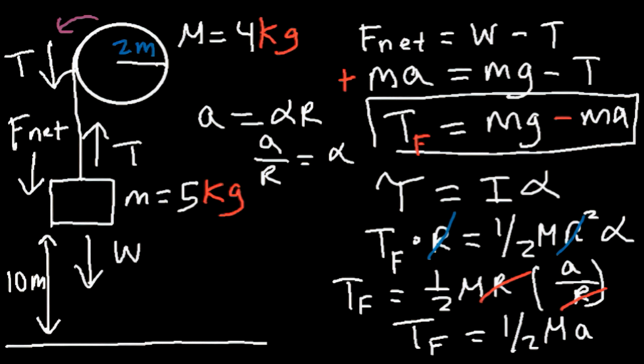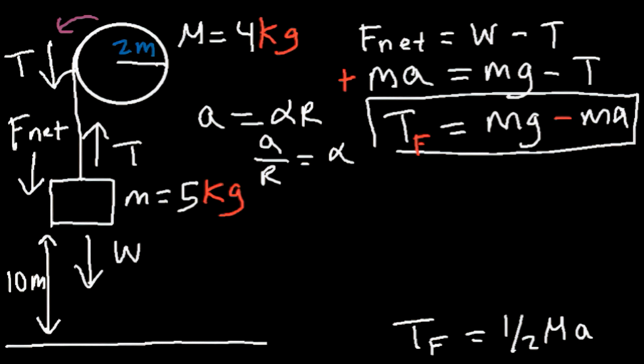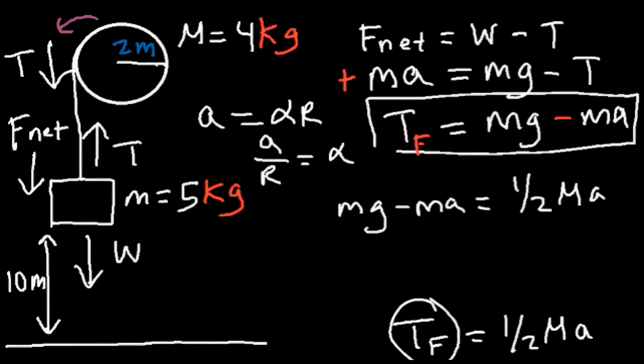So now what we're going to do is replace the tension force with the equation that we have here. So let's replace TF with mg minus ma, and that's equal to 1/2 ma. So now let's add ma to both sides. So mg is equal to ma plus 1/2 ma.